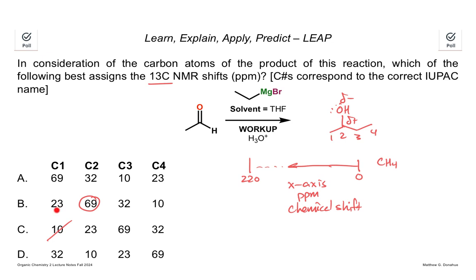So 23 for carbon 1, 32 for carbon 3, just because of the additive effect. And the way I write these, I just shuffle a number down a diagonal, and that's how you can eliminate some of the other responses, the distractors, I guess.